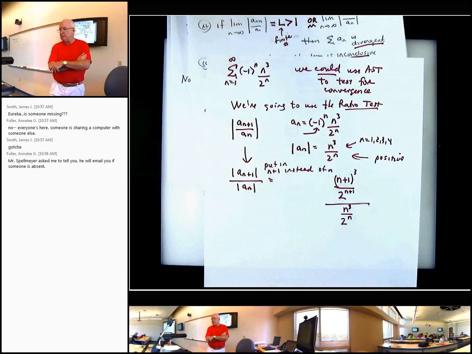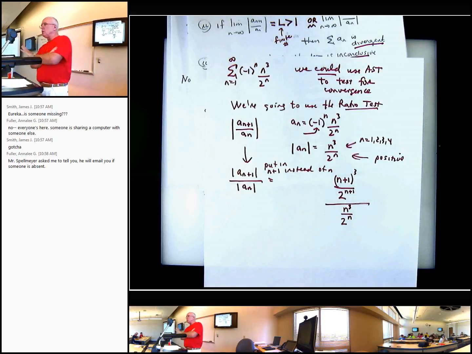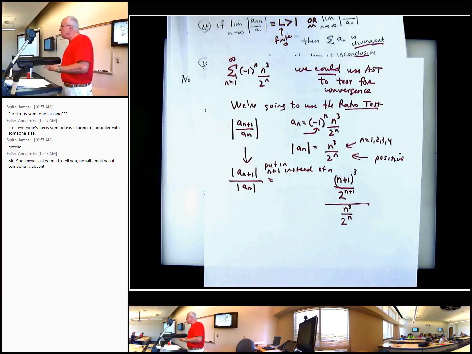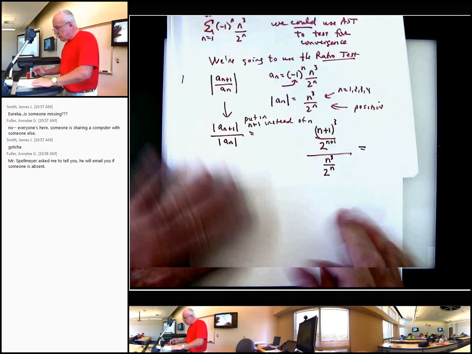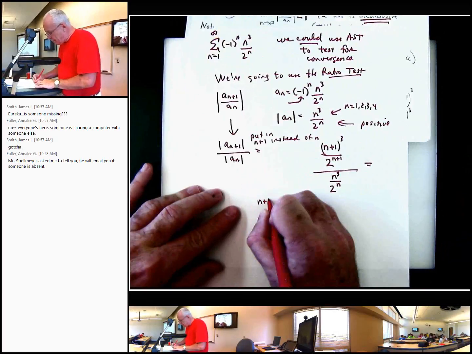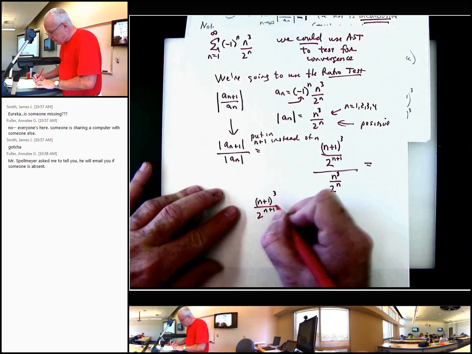All right, so we have this big, ugly looking thing which will quickly become not so ugly. We have a fraction divided by a fraction. Remember what I said before, when you're dividing by a fraction, it's the same as multiplying by the reciprocal. So I can write the top part, n plus 1 to the third power over 2 to the n plus 1.